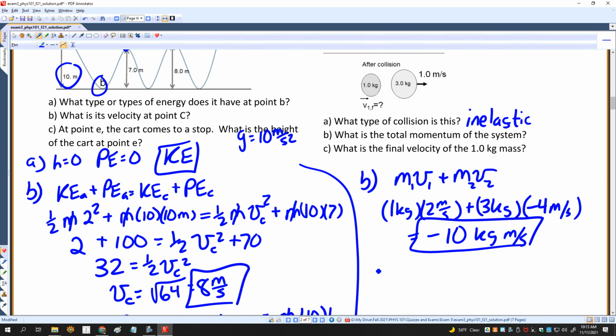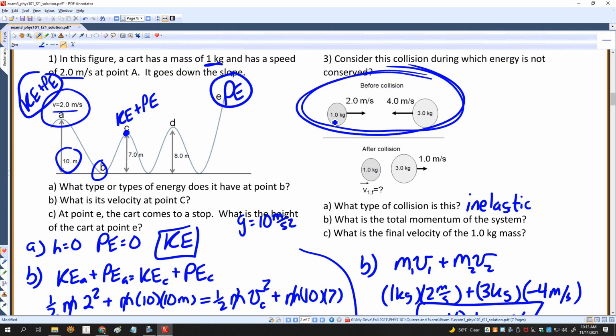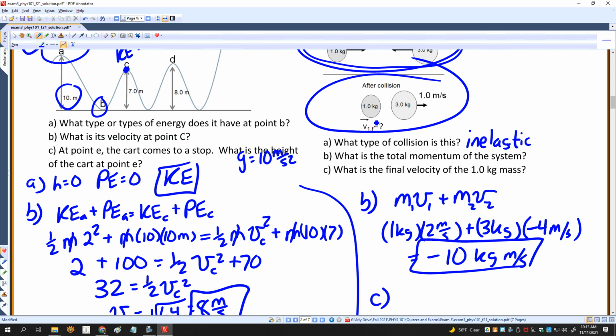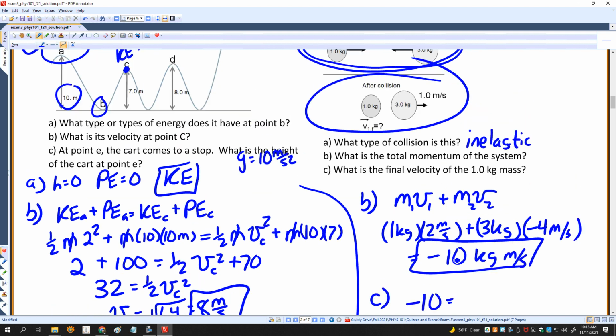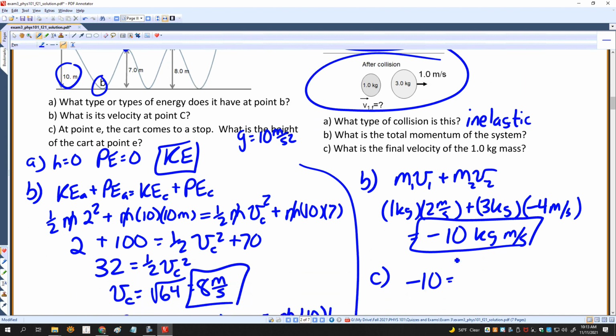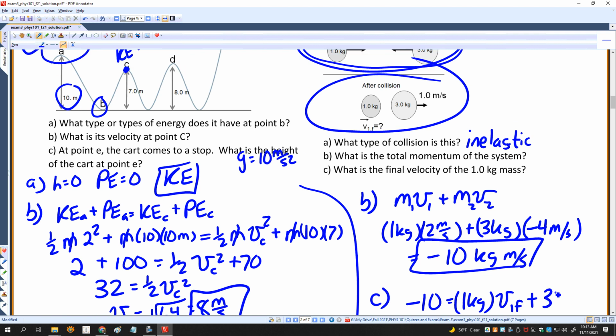And then for C, what is the final velocity? So that's where we're going to take the momentum here and set it equal to the momentum here. So I'll have negative 10, that's just what I did in part B, is equal to 1 kilogram times v1f plus 3 kilograms times 1 meter per second.